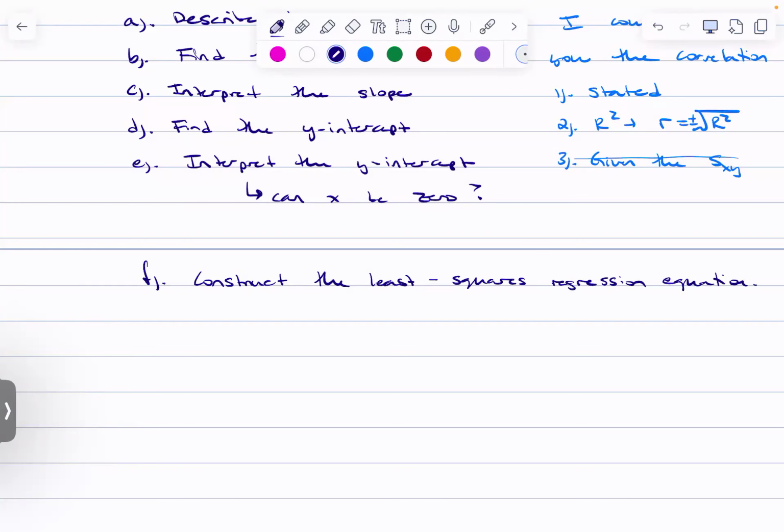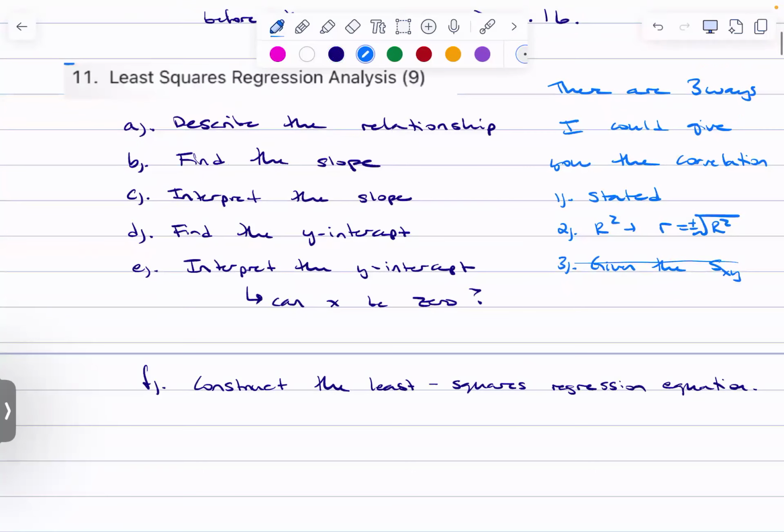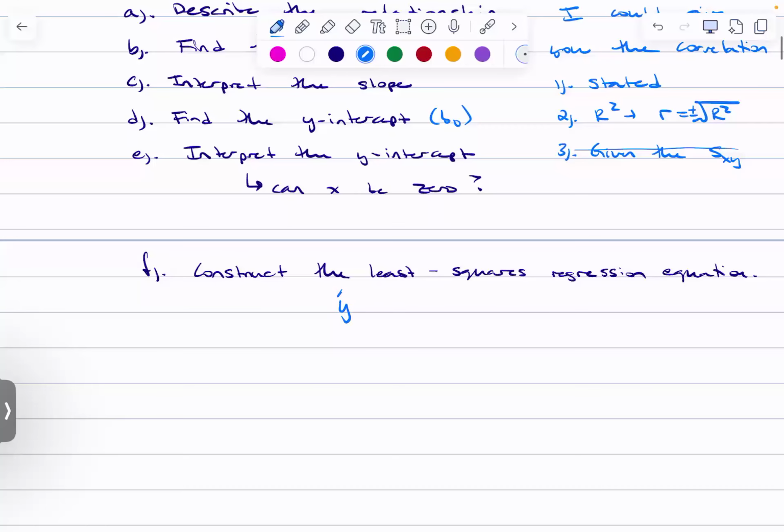That sounds hard, but what are you doing here? Find the slope. Well, that's your B1. Sorry about that. Find the y-intercept, that's B0. You're putting them together, B0 plus B1 times x. Right. Leaving your y-hat and your x open for whatever x you want to put into it.